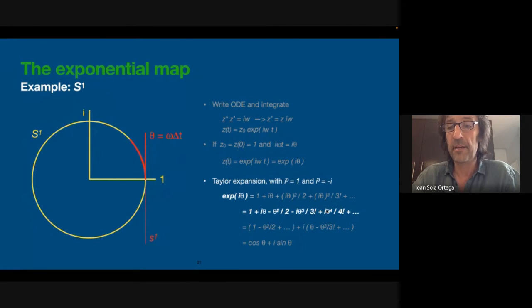Let's see this sum here, which goes to infinity, and let's work it out element by element, okay? So we start with nothing, and we add 1 to nothing, and we go from 0 to 1. Now we add the second element. This is plus I theta. I is imaginary, and plus means we will go up in the direction of I, okay?